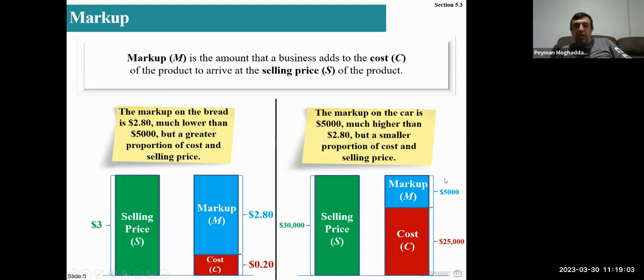But in the case of the car, markup compared to cost is 1/5, 20% of the cost, right? The markup divided by cost is like 20%, 1/5. And markup compared to selling price is 1/6, which is like 16%. Okay, so it depends on which kind of product you're looking at, and what's going to be the markup for that. Okay.